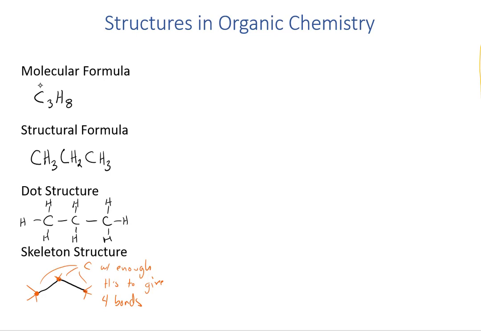Now let me give you a structural formula that has more than one possible isomer, or way of connecting the atoms such that the normal bonding conformations of each element are followed.